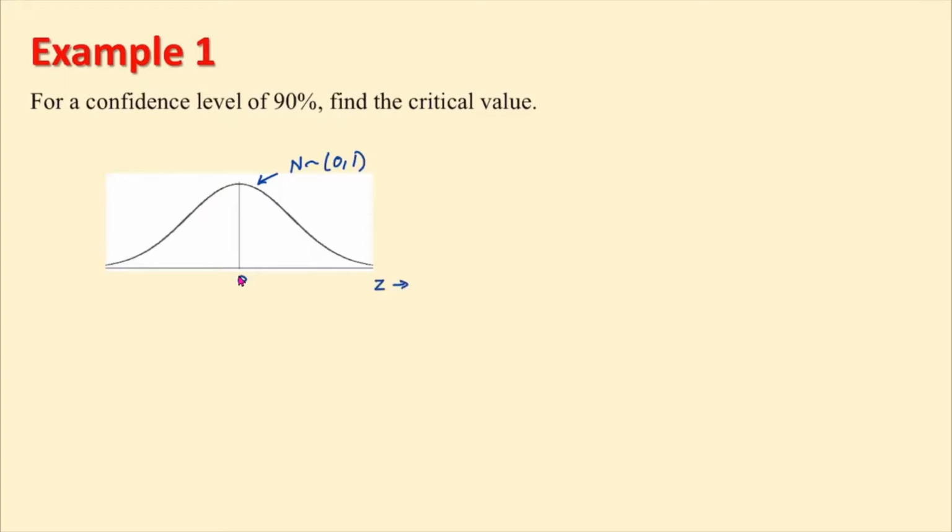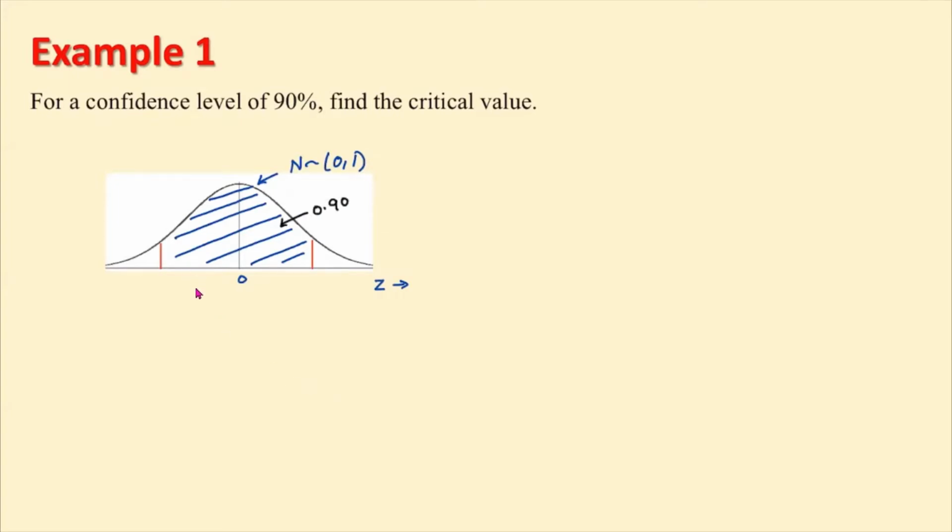When we say 90% confidence level, we are talking about the middle 90% area. So this is the middle 90% area, or 0.90.